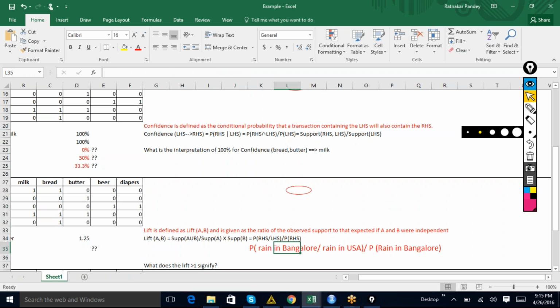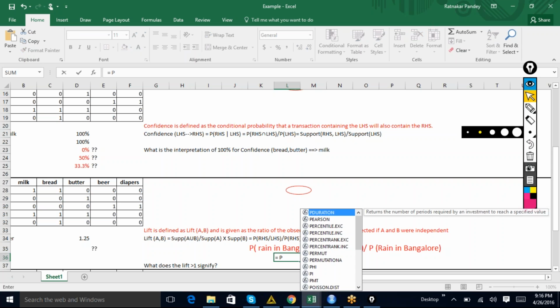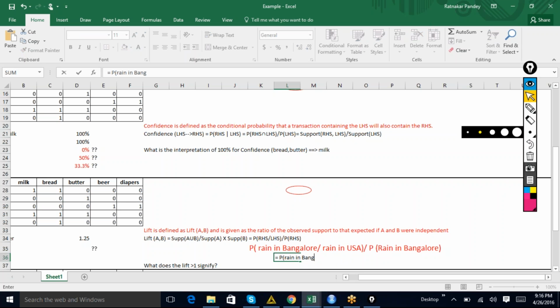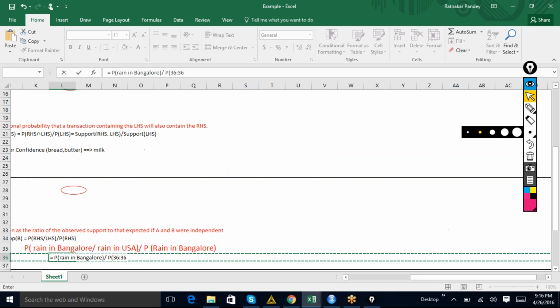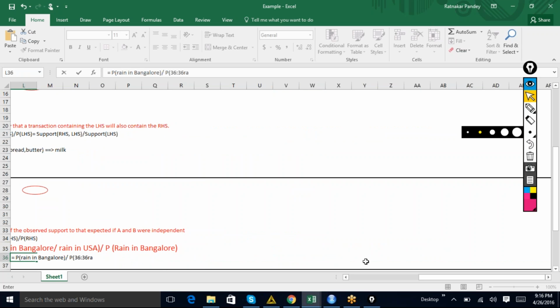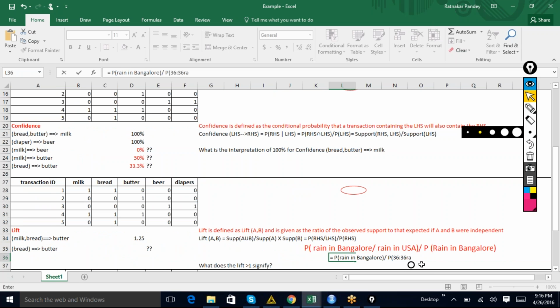So the conditional probability factor that we have in the numerator is nothing but the probability of rain in Bangalore, because whether it's raining in the US will not change anything in terms of Bangalore. And the denominator remains the same, which is the probability of rain in Bangalore, right?